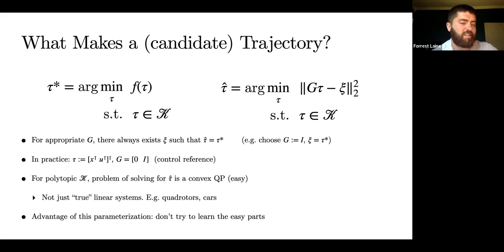The details are a little bit nuanced as to why this is important. But the big advantage we get from this is that for polytopic constraint sets, which is a very common type of constraint set that you might run into, given the xi, the parameters of this trajectory, solving for these trajectories is really fast, really quick and easy.